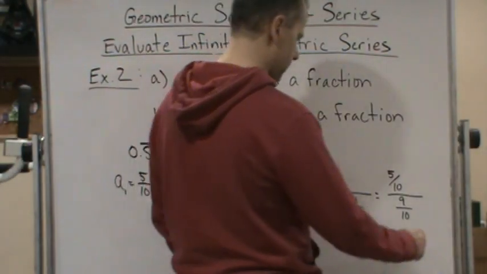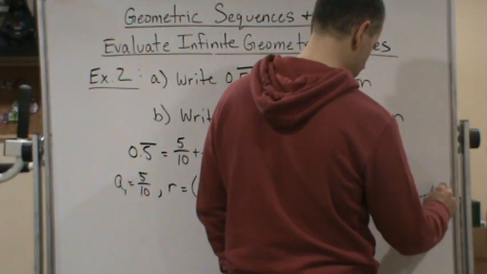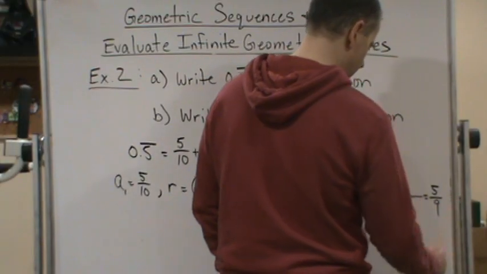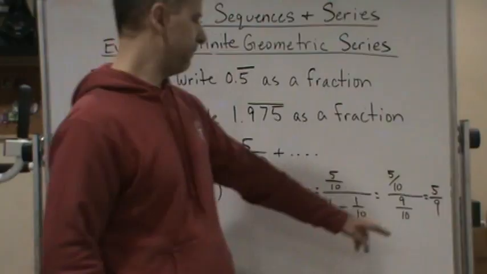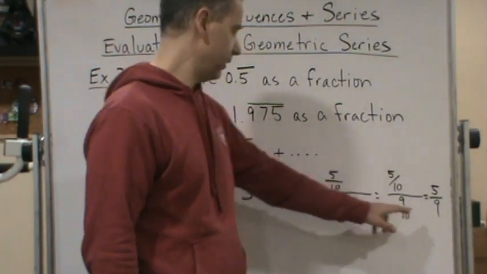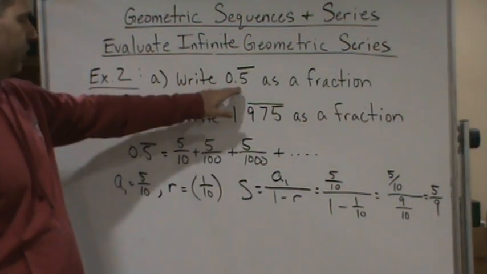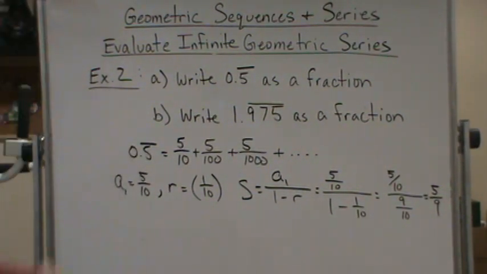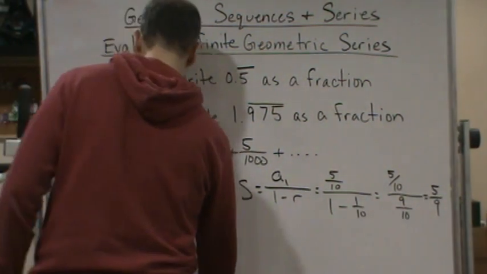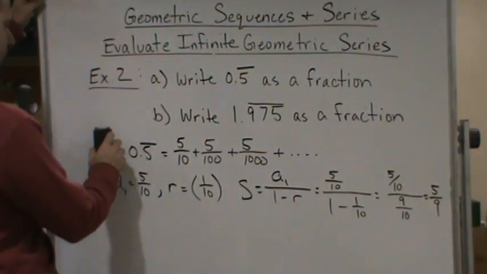And this becomes 5/9, and that's the answer. So the cool thing is if you take 5/9 in your calculator and hit enter, you'll get 0.5555 repeating. All right, cool. Now, what about part B?